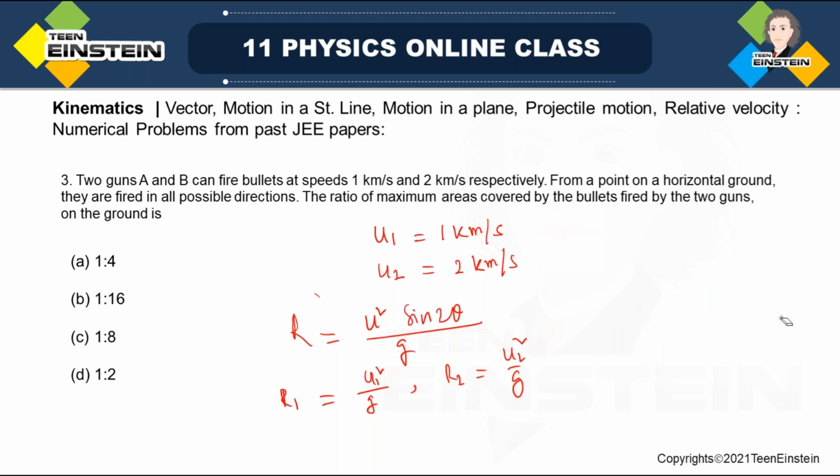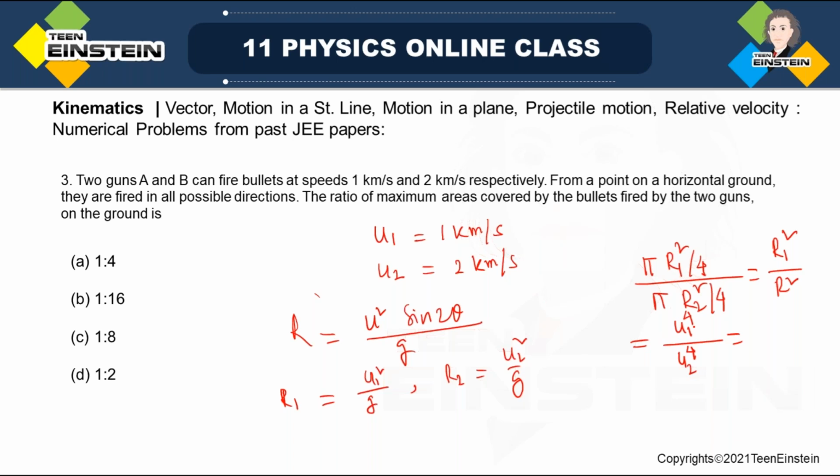Now you have to find out the ratio of the area they covered. So area, I take the ratio pi r1 square by 4 and pi r2 square by 4. So pi and 4 will go off. So r1 square by r2 square. This will give you u1 to the power 4 divided by u2 to the power 4, because g will get cancelled.